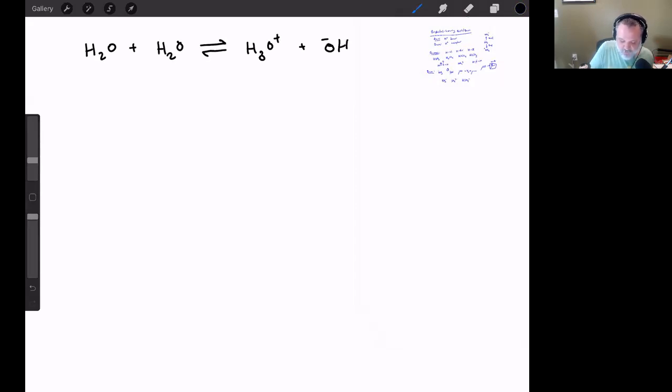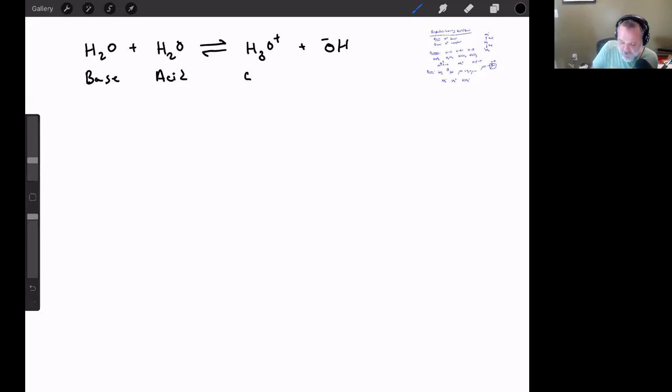Well, it's arbitrary at this point, but you could say that one of these is acting as the acid and the other is acting as the base. With Bronsted-Lowry acids and bases, you always have a conjugate.